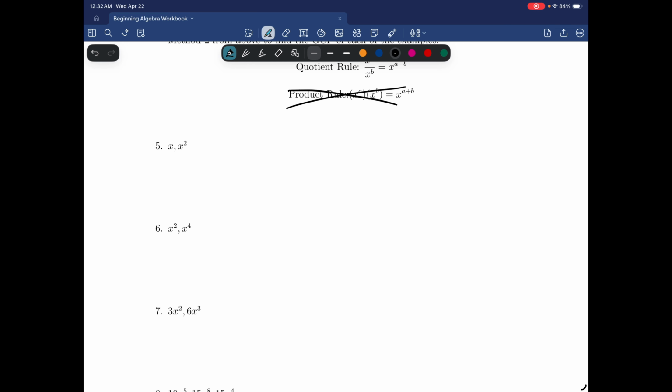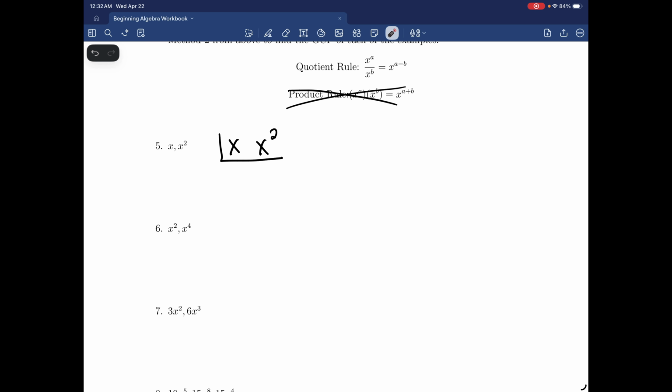So for example 5, we have x and x squared. So as always, I'm just going to go ahead and write out the x and the x squared, and I'm going to write this bar here. Now notice both these terms, this x and this x squared, they both have an x, right? So I'm going to go ahead and divide both of them by x.